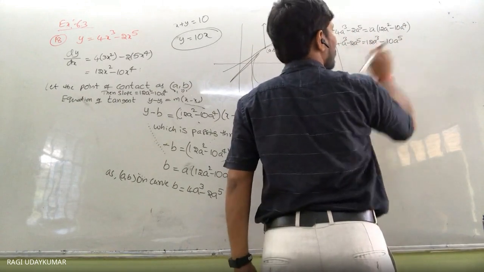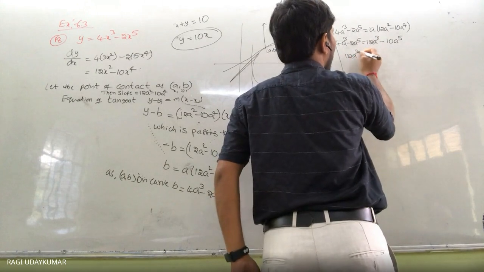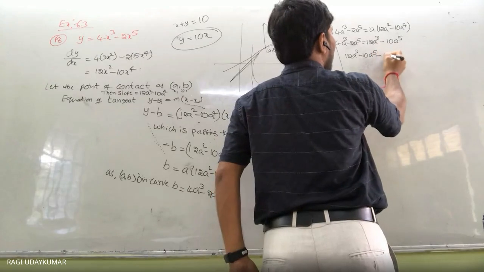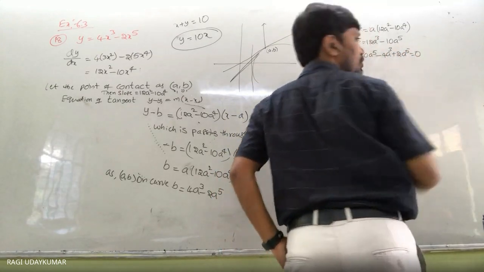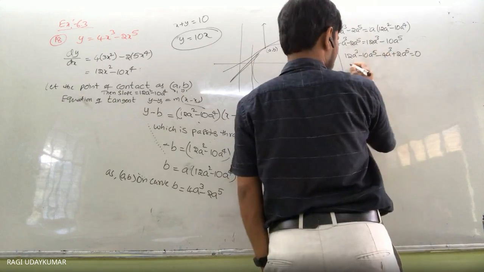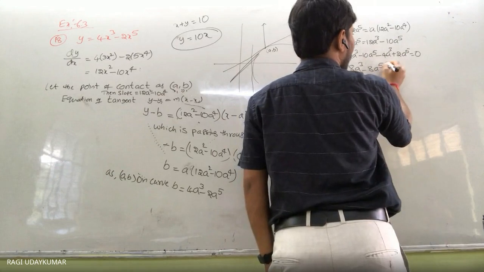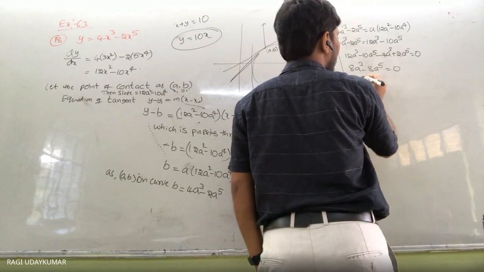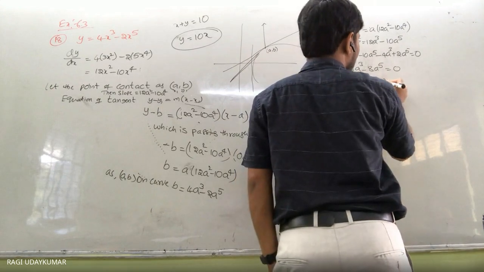12a cube, right? Take these two terms to this side. 12a cube minus 10a power 5 minus 4a cube plus 2a power 5 is equal to 0. 8a cube minus 8a power 5 is equal to 0. 8a cube, take the common.